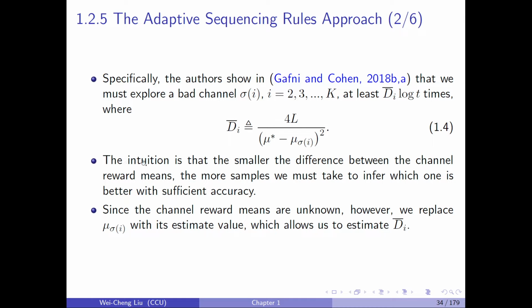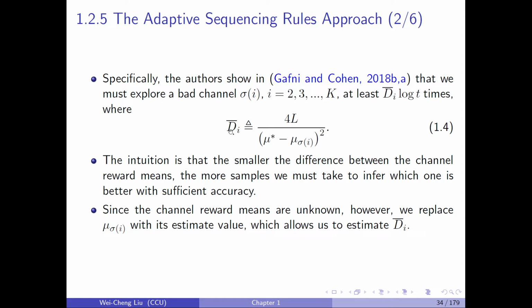The intuition is that the smaller the difference between the channel reward means, the more samples we must take to infer which one is better with sufficient accuracy. The smaller the difference between the channel reward means, that is mu star minus mu sigma of i, if this term is smaller, then d bar i becomes greater.